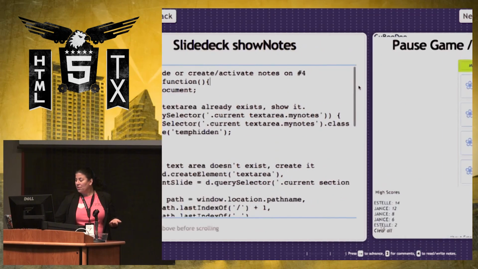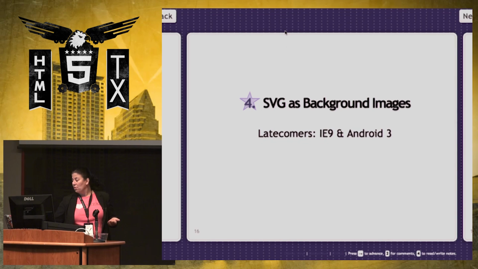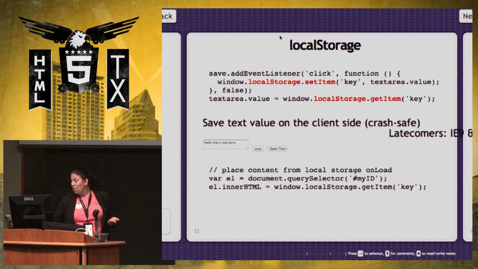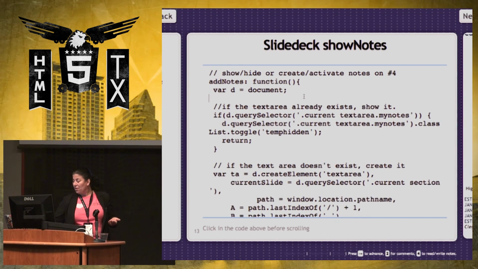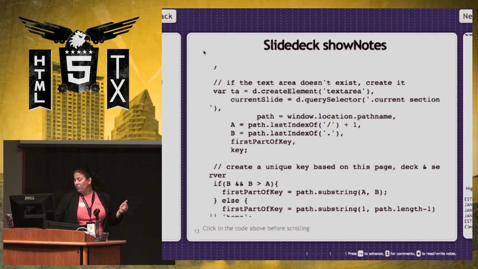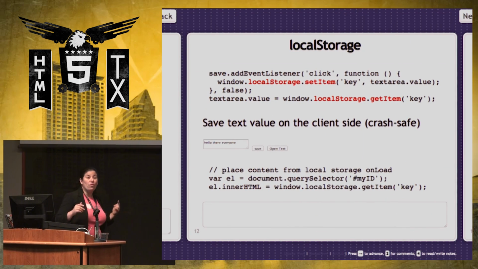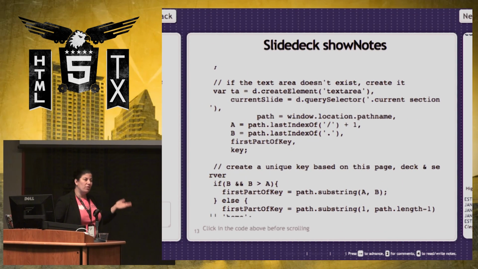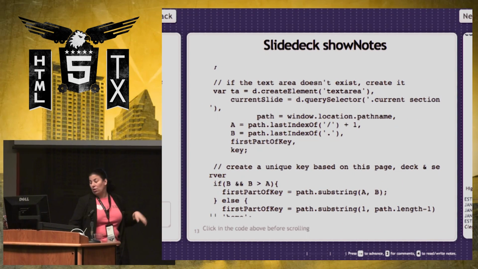Okay, this right here is if you actually want to take a look. Remember I said that if you click on the number 4, you have notes, and you can take notes for the whole deck. I actually put all the code here. Obviously, all the code is on my GitHub, but the code's actually here.